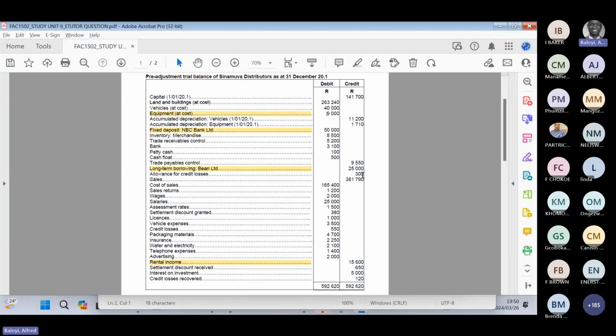The allowance for credit losses is given on 31 December 2021 as 300, and it's a credit balance. What is it an allowance for? It's an allowance for these receivables. You're saying that of all the 5,200 receivables, 300 might not be received, right?